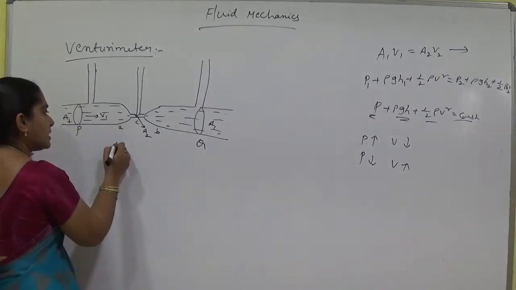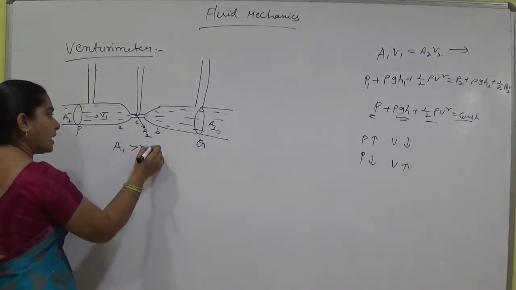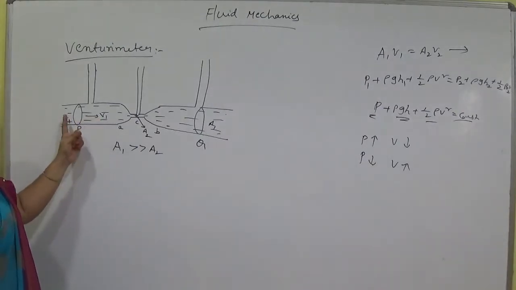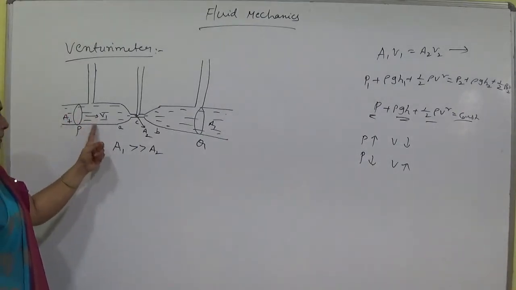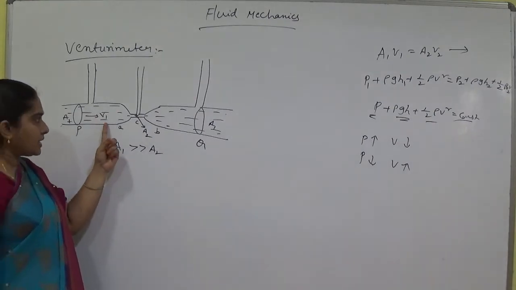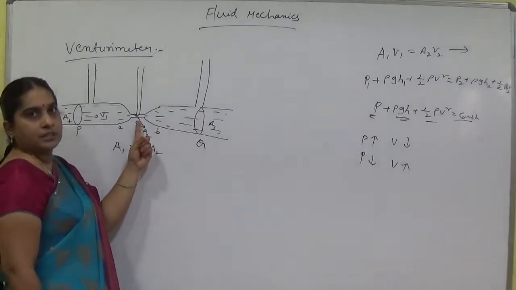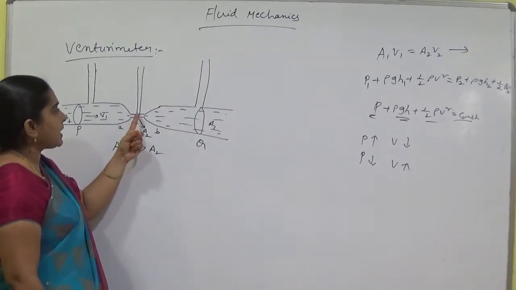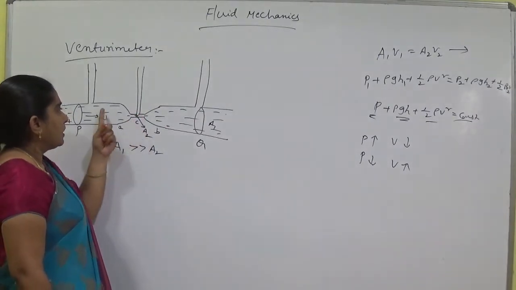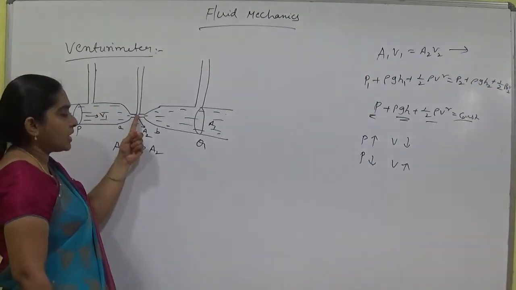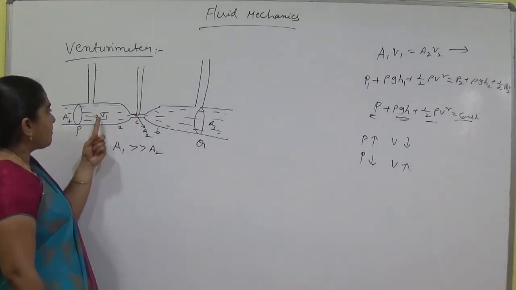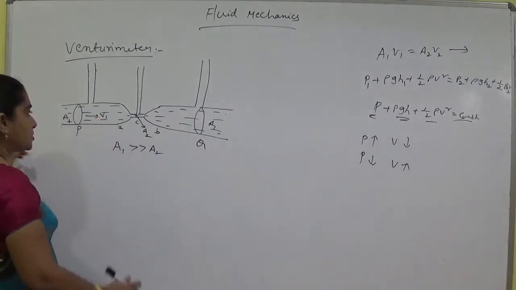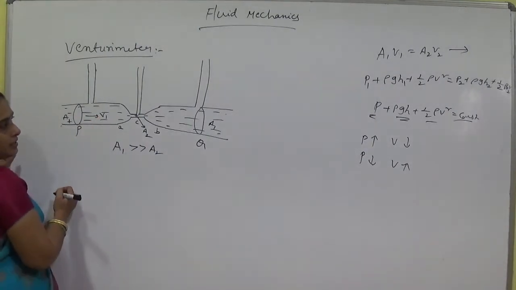A1 is greater than A2, so the velocity at A1 in pipe P is very small compared with point C. So the velocity increases at C and the pressure decreases. Where velocity decreases, pressure increases.